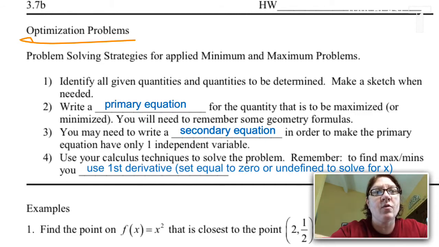So as you read, of course, you want to pay attention to things like area and volume, because those are hints at what formulas you should be using, so that you can first write a primary equation. And then eventually at some point you don't want to have too many variables in it, so you're going to have to write a secondary equation that'll help you get one of those variables in terms of the other.